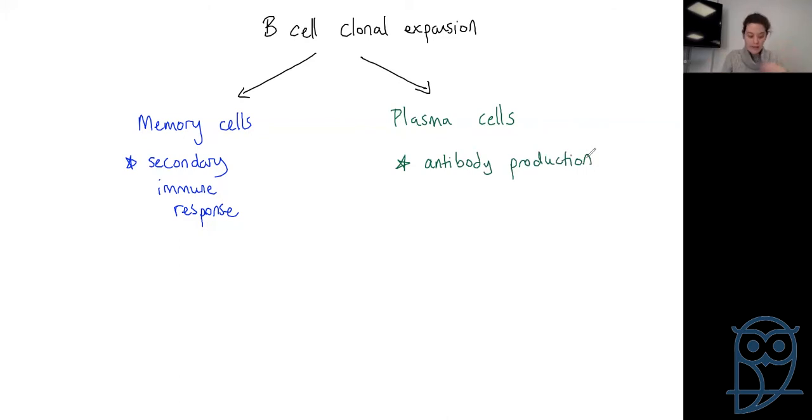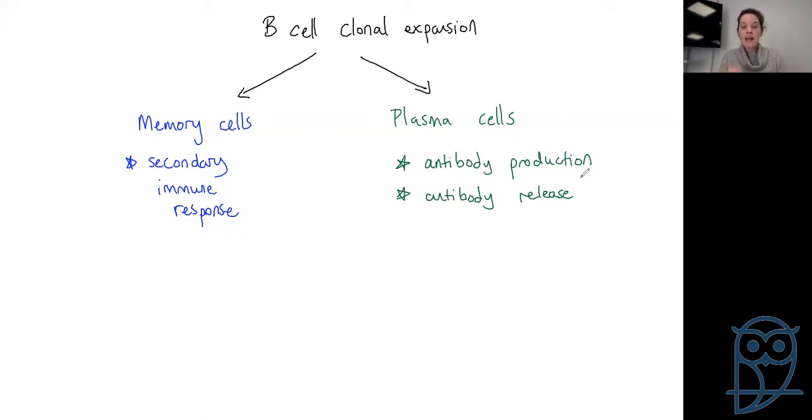So they produce these antibodies, and they release them. And now remember, we said that the antibody is complementary to the antigen on the pathogen.